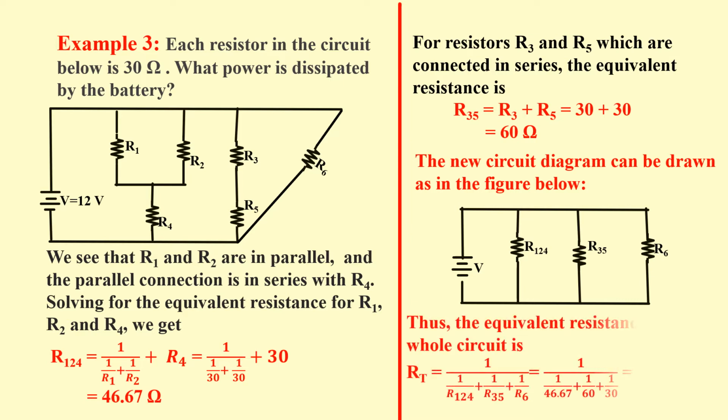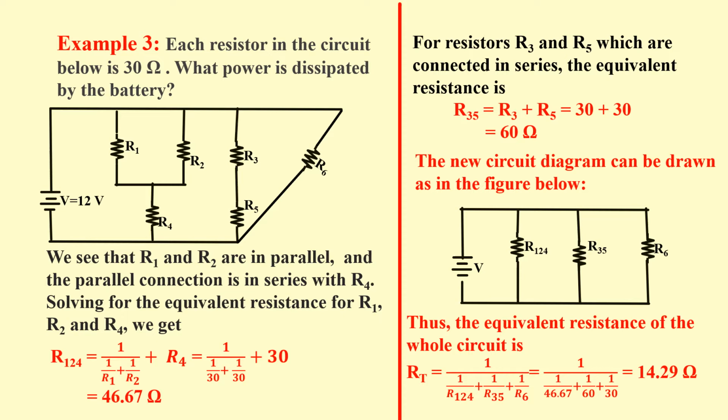So, solving for the equivalent resistance of the whole circuit, all of these resistances are now connected in parallel, so the total resistance is 1 over (1/R124 + 1/R35 + 1/R6).